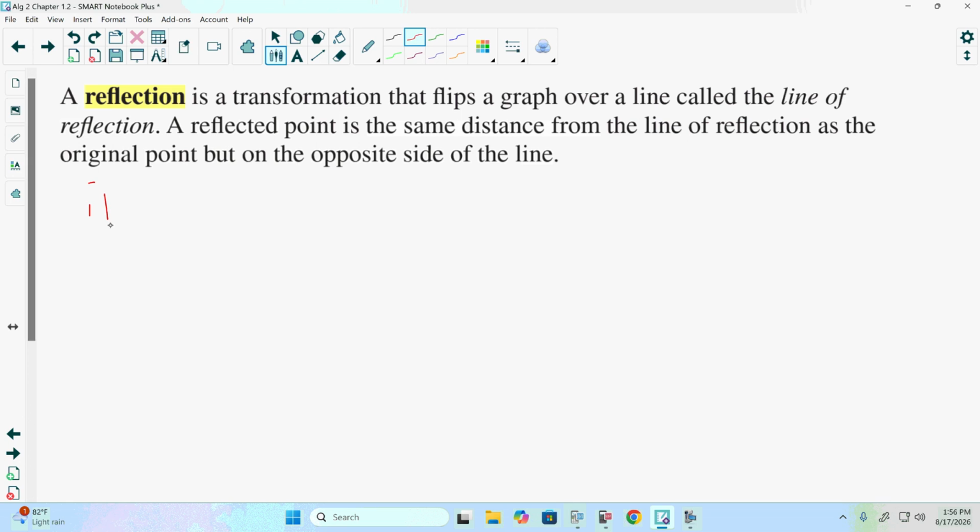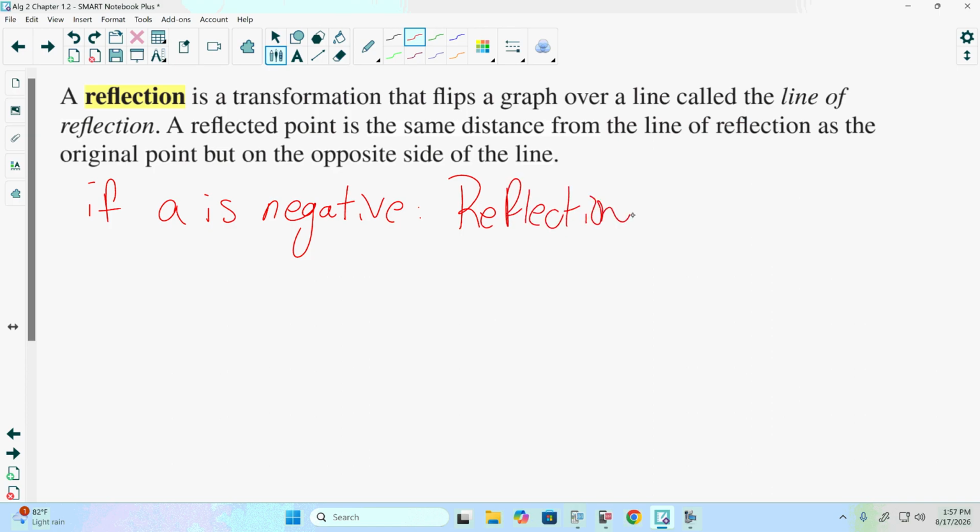If A is negative, we have a reflection across the x-axis. I'd put this underneath the first page.